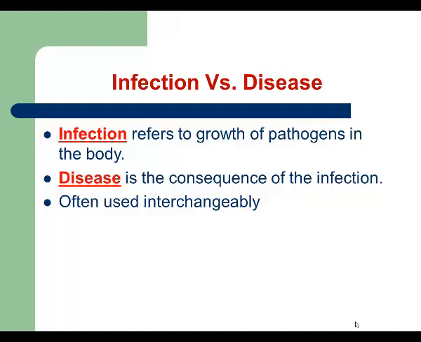Disease is a consequence of the infection. But usually in everyday life we use those terms together. We say infectious disease. It means pathogens grow, multiply within the body of the patient and cause symptoms of infectious disease.